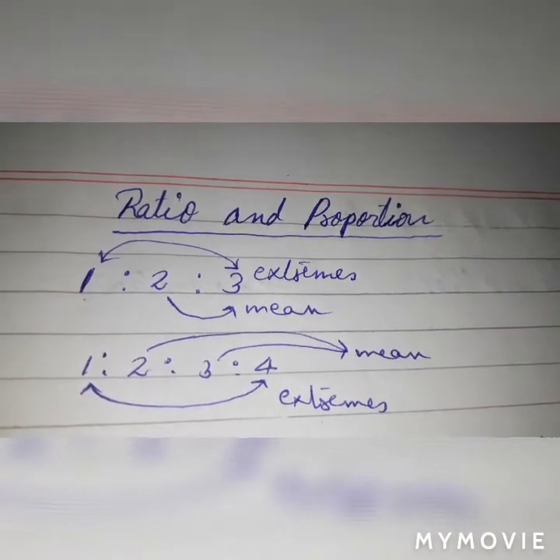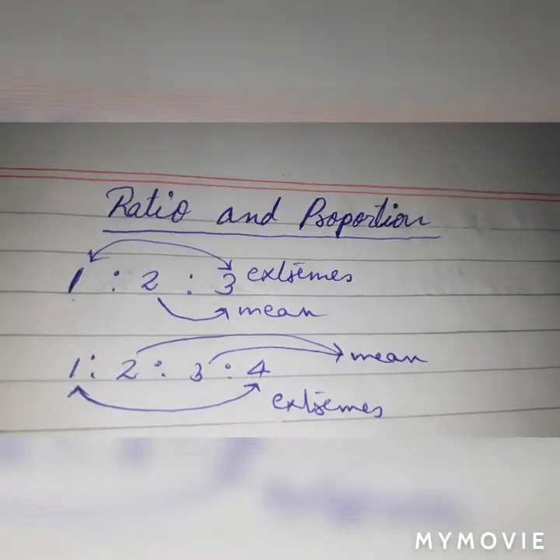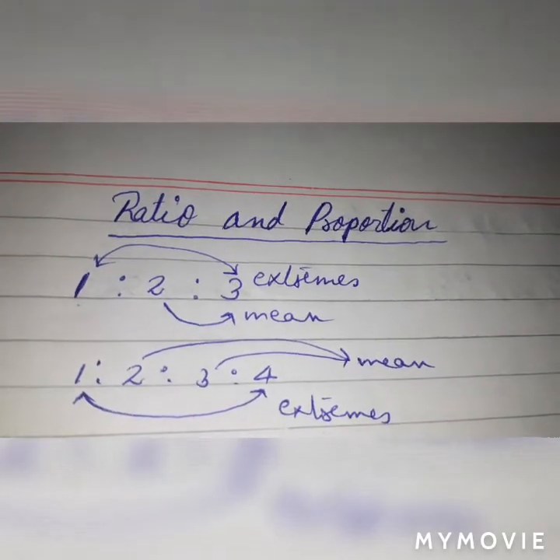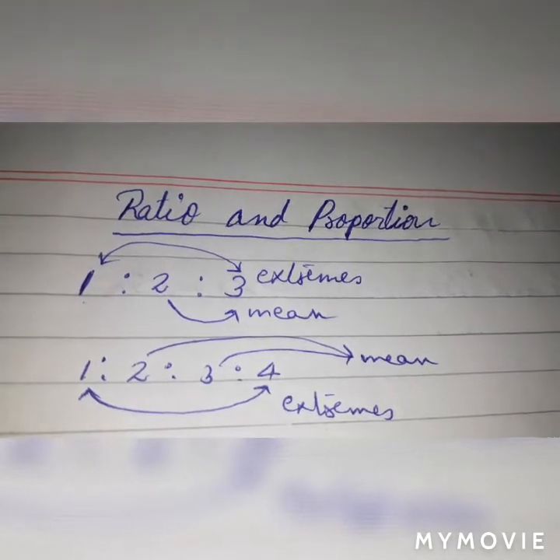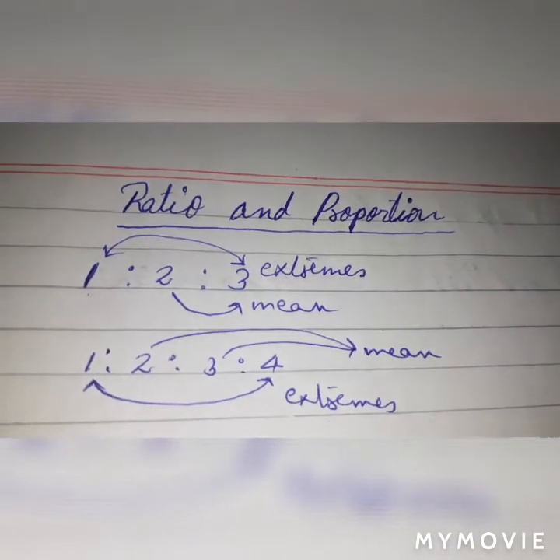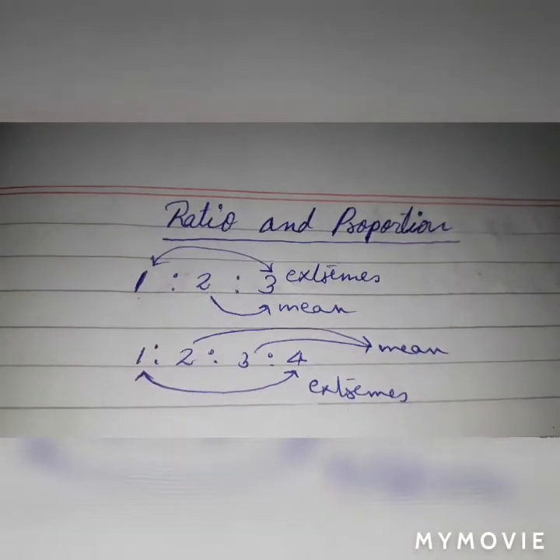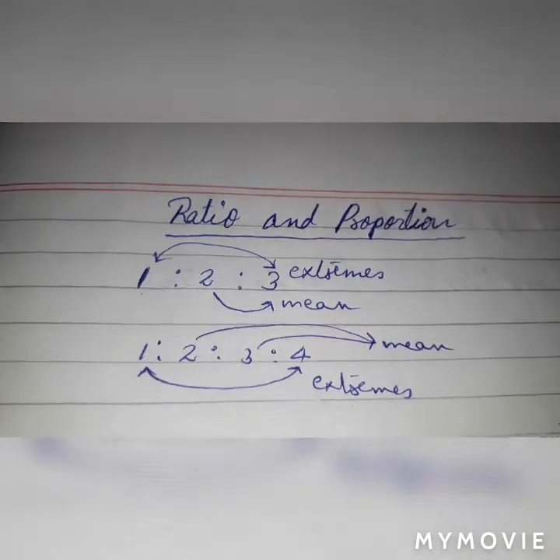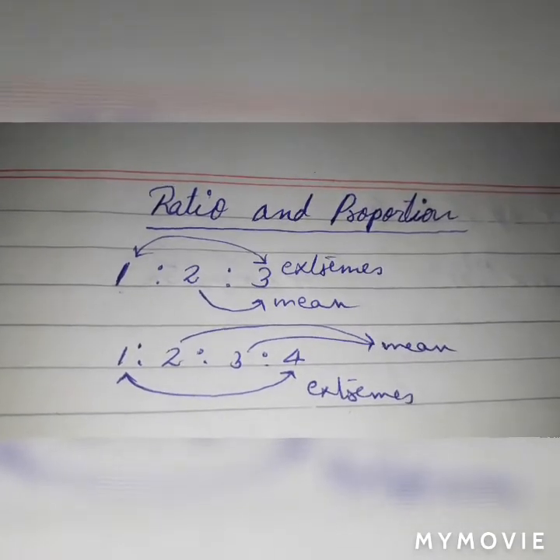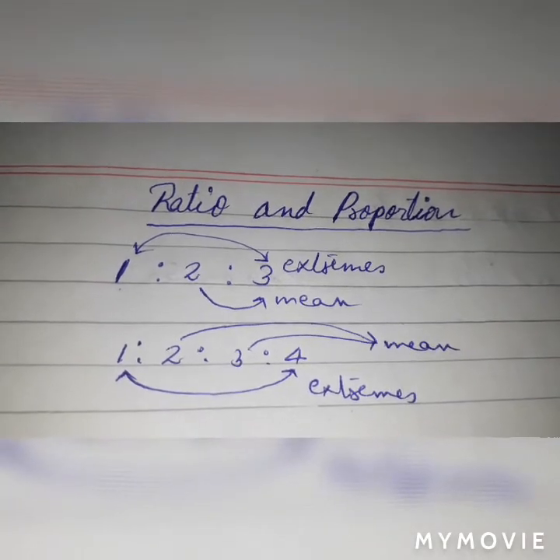Okay, first of all, two terms, that is extreme and mean. I have taken 1:2:3. Here 1 and 3 are extremes and 2 is mean. Similarly, here 3 terms are taken. So you may ask, what will it be in the case of an even proportion?